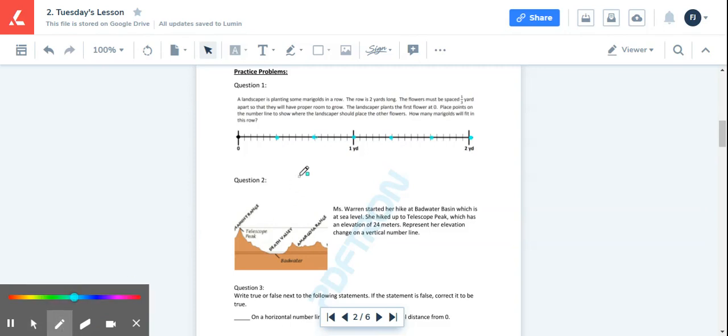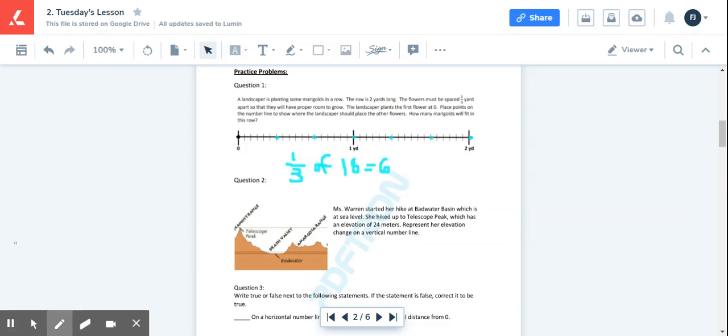So this can also be written as 1/3 of 18, or 1/3 times 18, or 1/3 multiplied by 18 equals 6. So 6 marigolds will fit in this entire row.